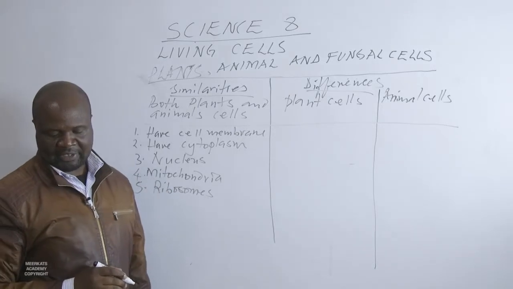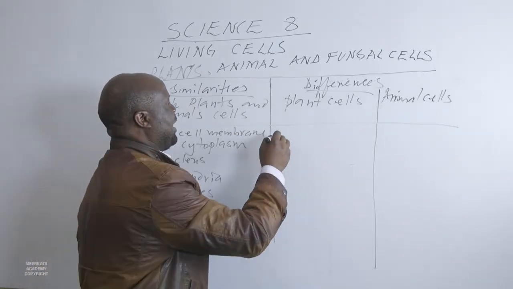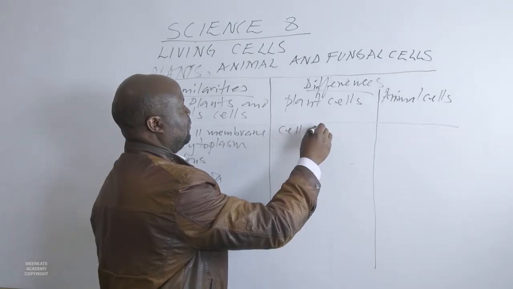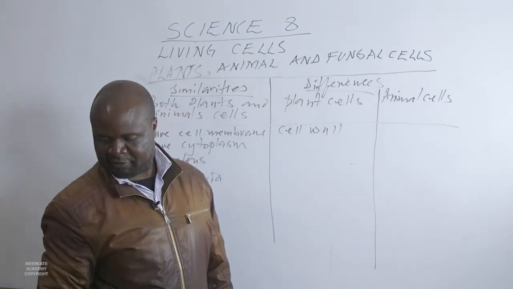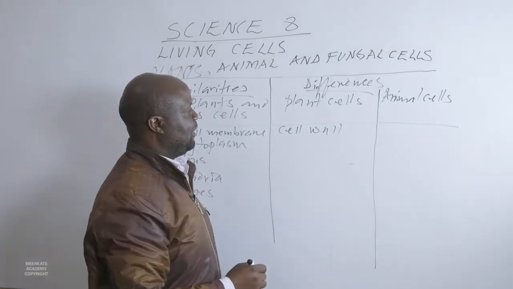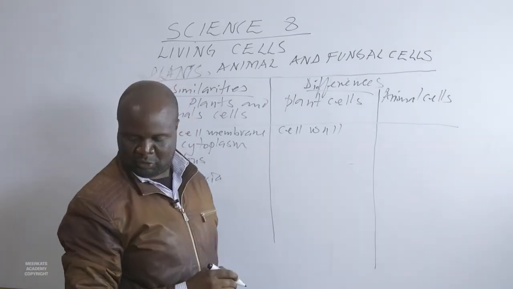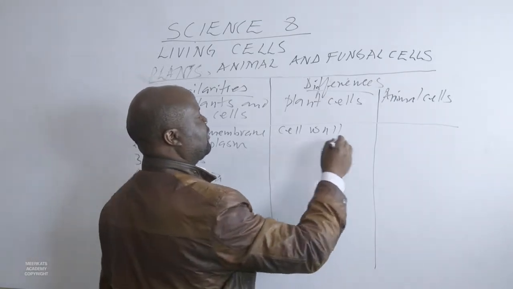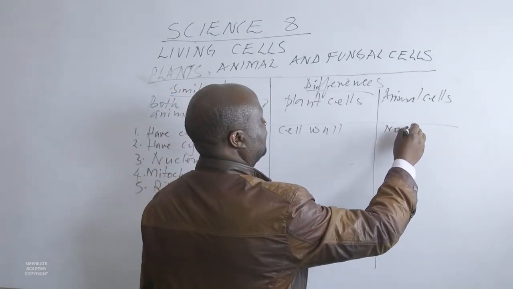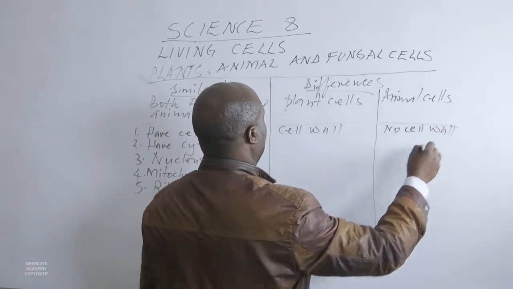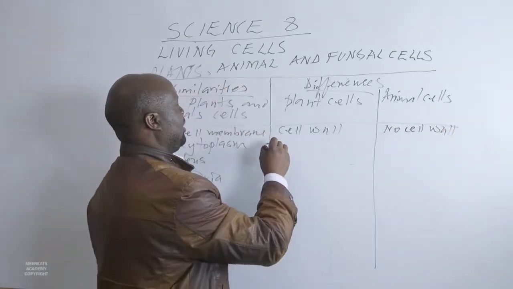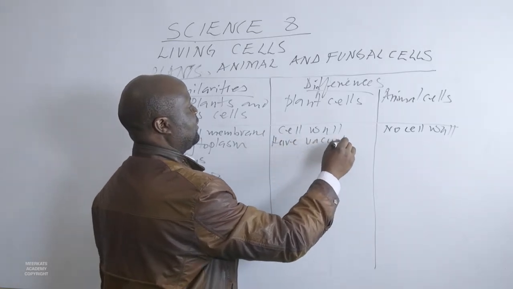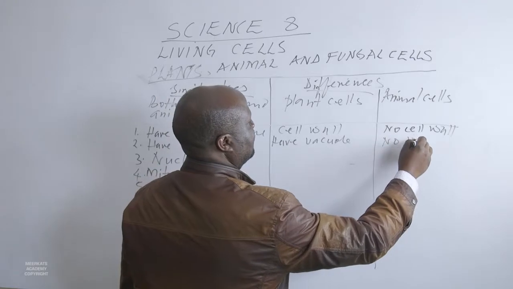What about the differences? Plants have a cell wall, and animals have no cell wall. Plants have vacuoles, animals have no vacuoles.